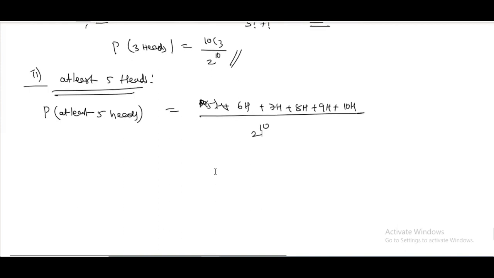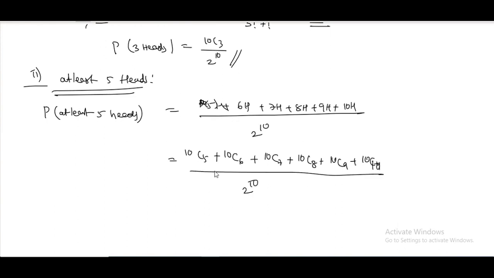So 5 heads, how can we select? In 10C5 ways, out of 10, 5 heads. Out of 10, 6 heads. Out of 10, 7 heads. Out of 10, 8 heads, and 9 and 10. This is the way we will select, whole divided by 2 power 10.